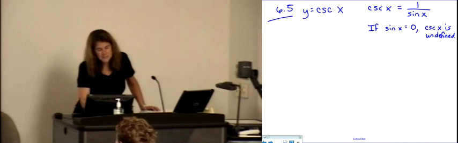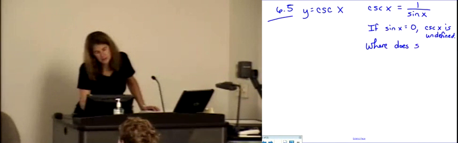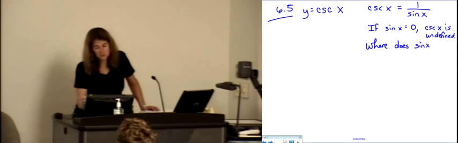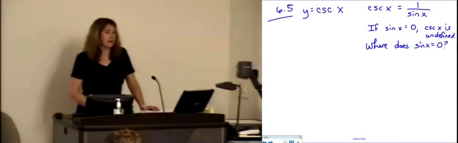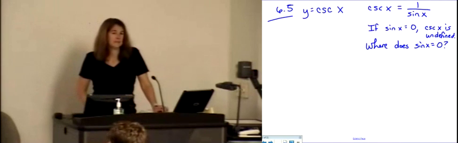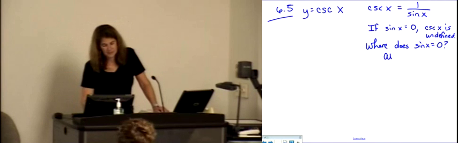All right, so where does the sine equal 0? Remember when we talked about the x-intercepts on the sine graph? That's where the sine's equal to 0. It's when your y-coordinate's 0, right? So where was that? It's your whole number integers of pi.